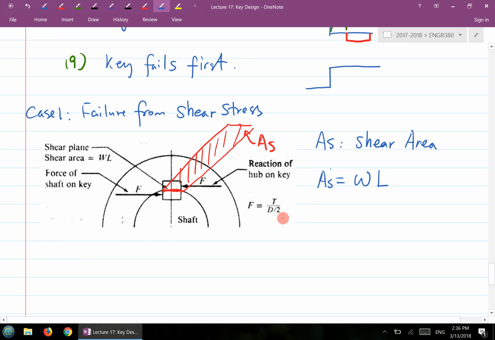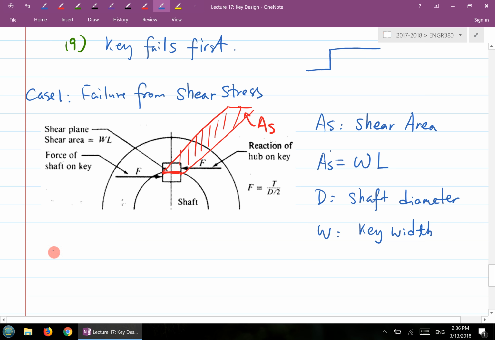In this case, let's say capital D is the shaft diameter, and W is the key width.